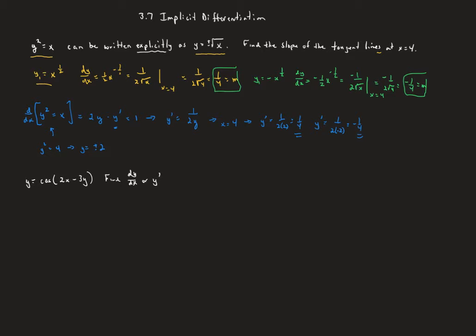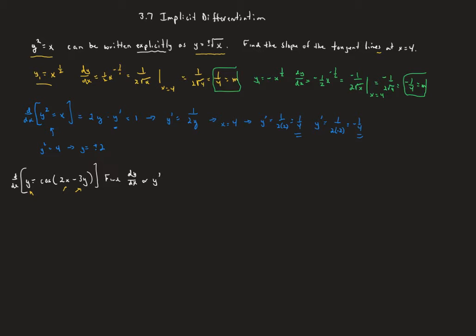So when we differentiate this, we're going to have to differentiate both sides of this equal sign. You can see that this is an implicit function because we have x's and y's that are pretty hopelessly intertwined there. So it's not going to be maybe possible at all, but certainly not easy to try to get y by itself. So that just means we're going to do implicit differentiation instead.